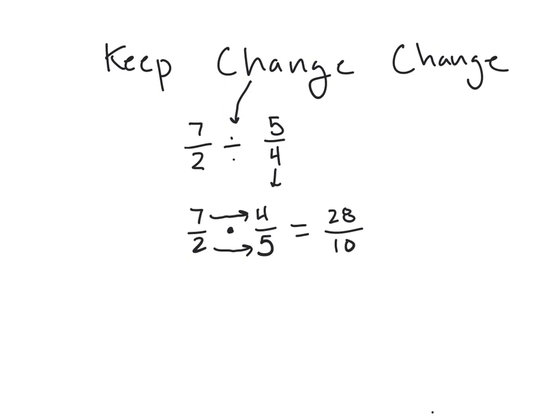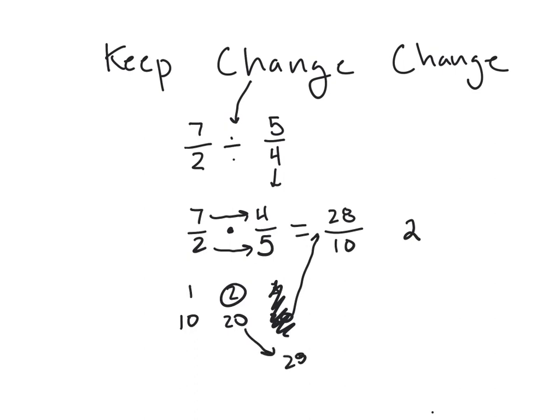And if I get stuck, sometimes I like to do this. I like to say, I know 1 10 is worth 10, 2 10s is 20, and 3 10s is 30. And what I see is 30 is too much for 28. So I'm going to need 2 10s, 2 full 10s. And then I ask myself, how much more to go from 20 to 28?